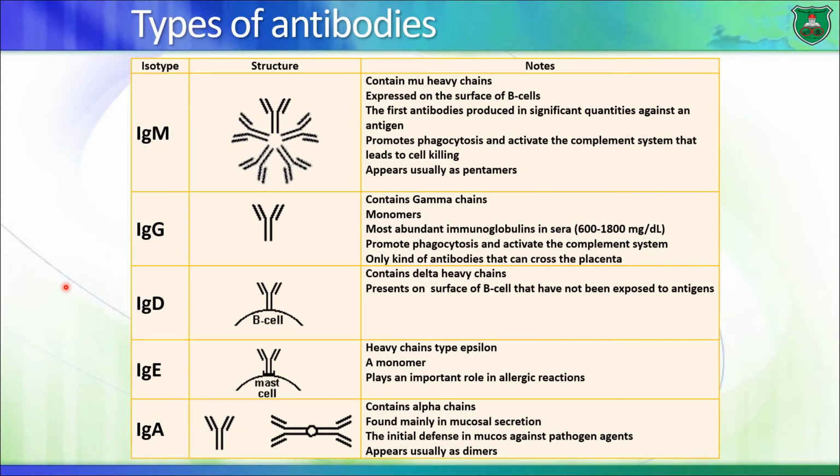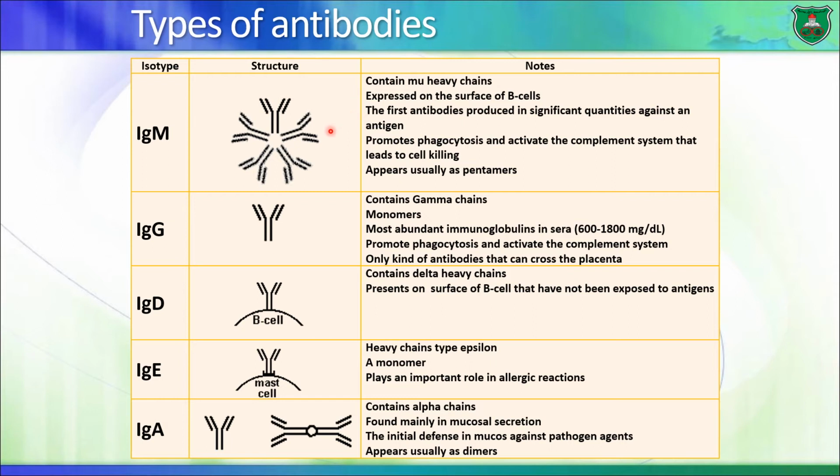So these are the different types of antibodies. We have IgM. What happens is that the IgM is produced from the mu constant region. Okay, it's basically expressed on the surface of B cells right before recognizing the antigen.